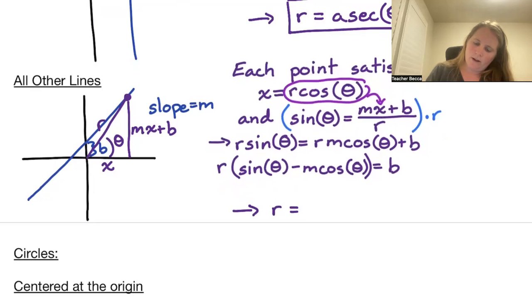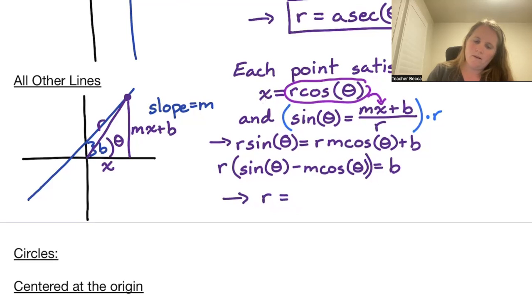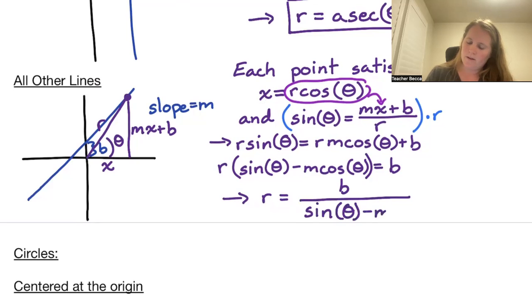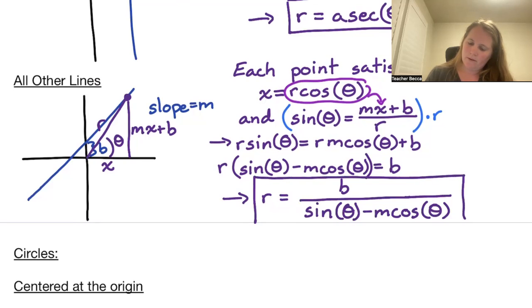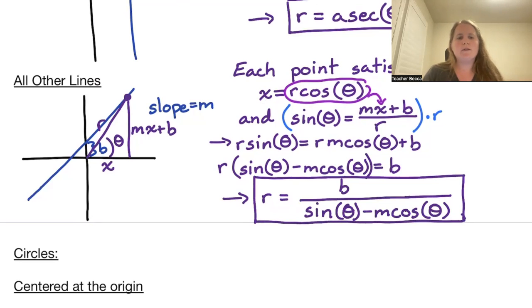If we just then divide through by that sine theta minus m cosine theta, we get that r is equal to b over sine of theta minus m cosine of theta. So given any line, we can write it in polar coordinates using this formula.